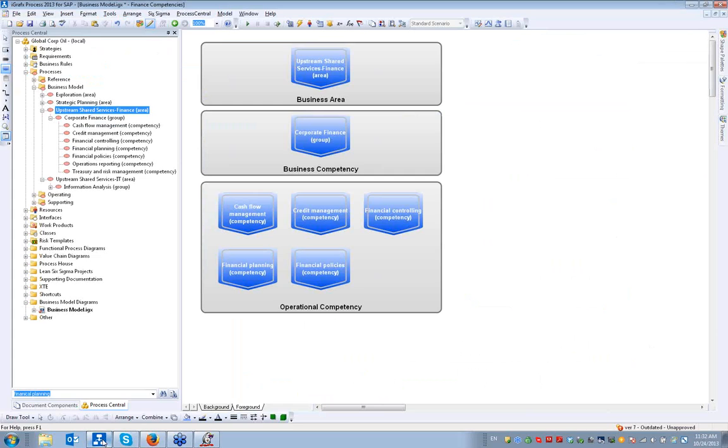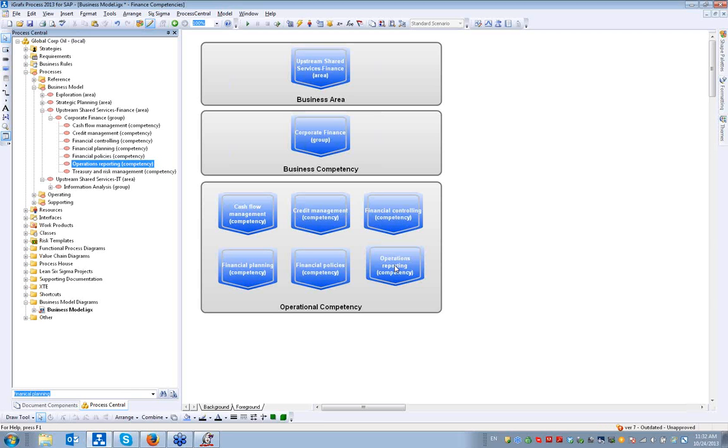Now, how does one create these business models and also process models? Well, it's pretty easy and kind of fun. You simply use drag and drop to create new shapes in your diagrams and process maps that are linked to the objects that would be shared throughout a repository of diagrams and models within your organization.